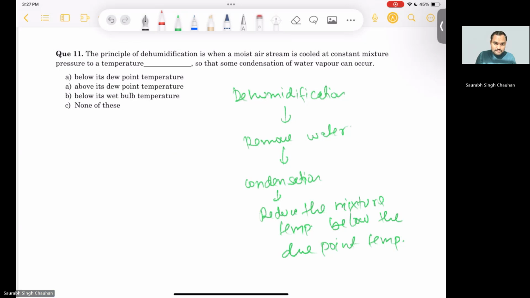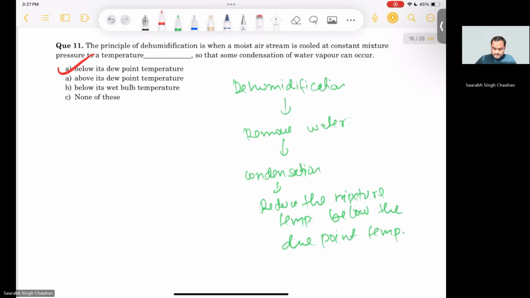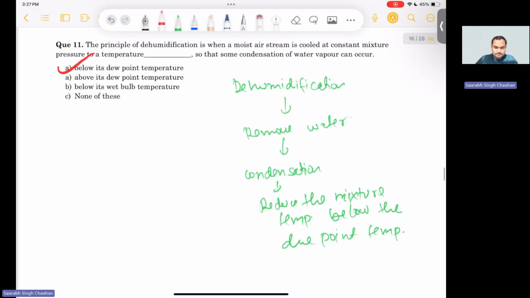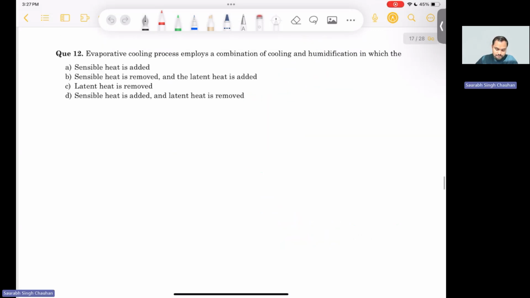So the option should be option A. Below the dew point temperature, the condensation will start at dew point temperature, and if you reduce the temperature below the dew point temperature, then there will be more and more condensation, and you can remove the water, and in this way you can achieve the dehumidification. I hope this is clear, and we can move to the next question.